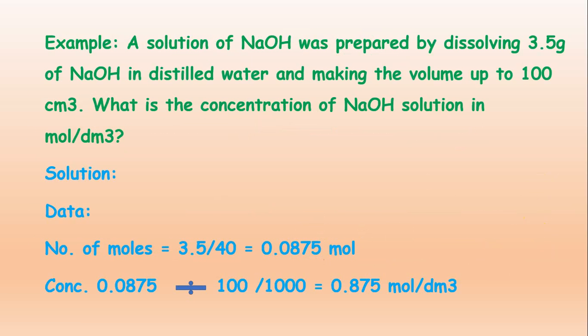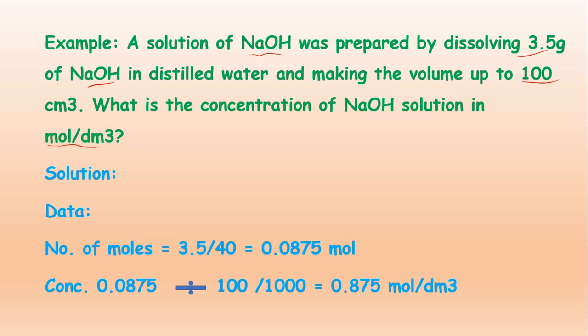Now the example: a solution of sodium hydroxide was prepared by dissolving 3.5 gram of sodium hydroxide in distilled water and making the volume up to 100 cm cube. What is the concentration of the sodium hydroxide in mole per dm cube?